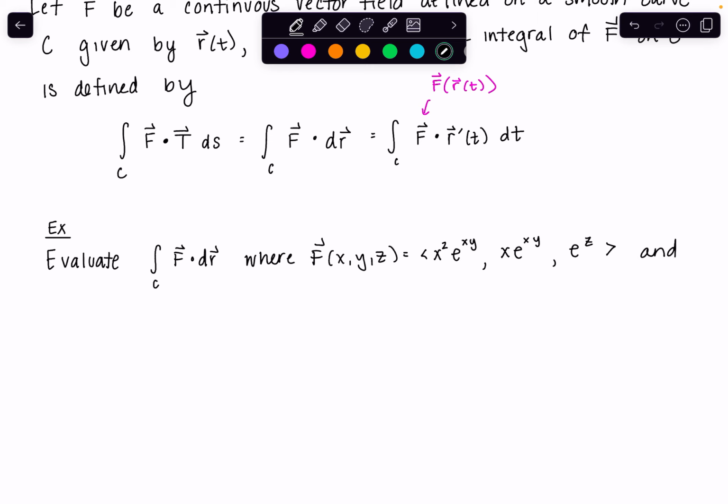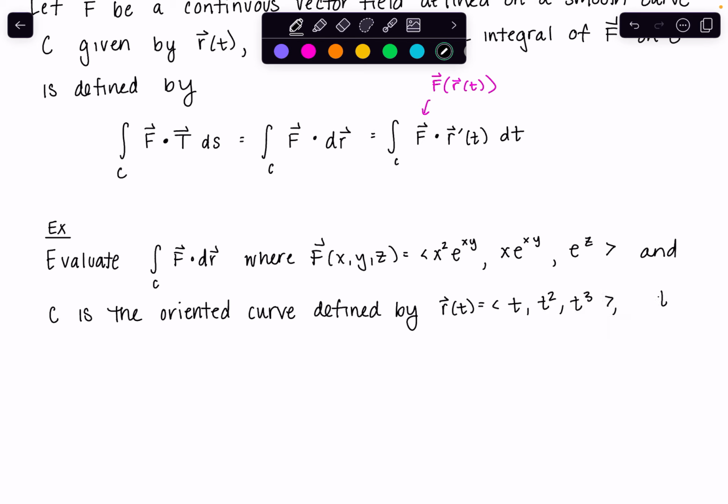And the curve C is the oriented curve defined by r of t equals t squared, t cubed, for t being between 0 and 1.